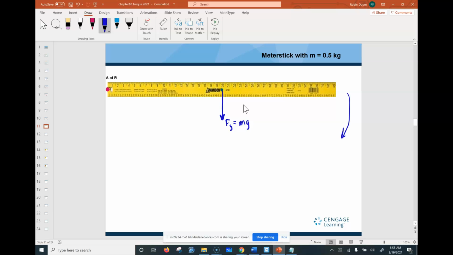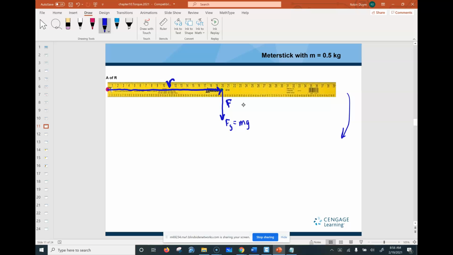Where's my lever arm? You want to identify your forces, and then identify your lever arm, and that lever arm is always going to go from your axis of rotation to the point of application of the force. So that's R, and then this would be F, specifically Fg.